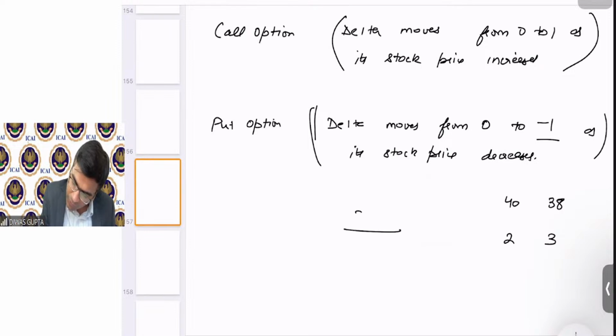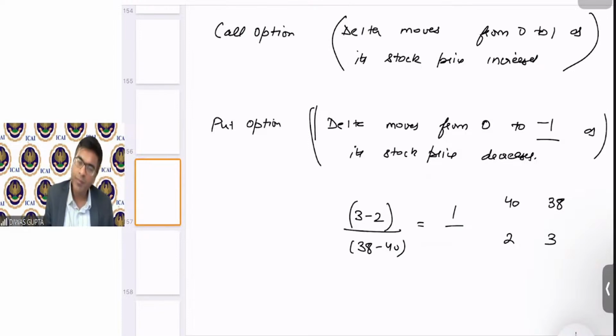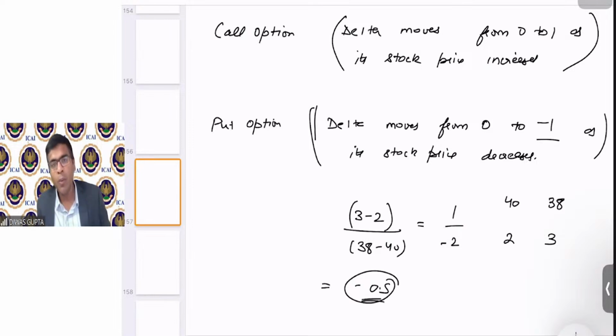You will do 3 minus 2 in the numerator, and in the denominator you will do 38 minus 40, correct? So this is 1 divided by -2. So this is actually minus 0.5. You got my point? Put option always delta is negative, hence it will reach to -1, Namrata.